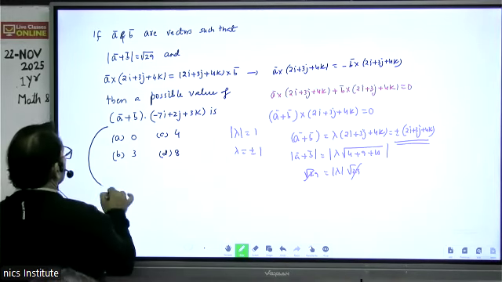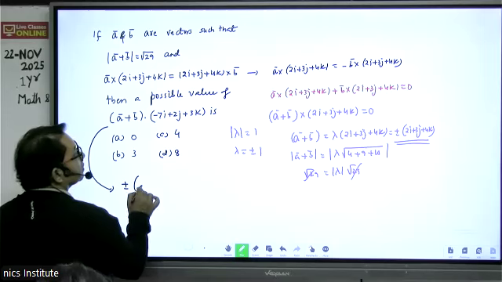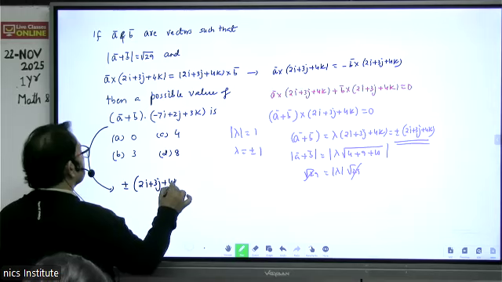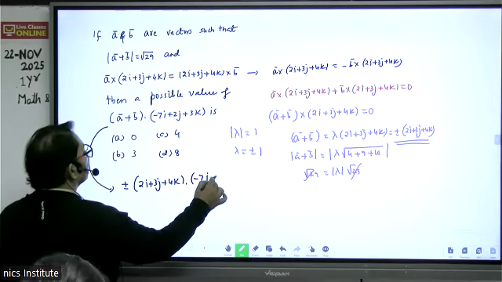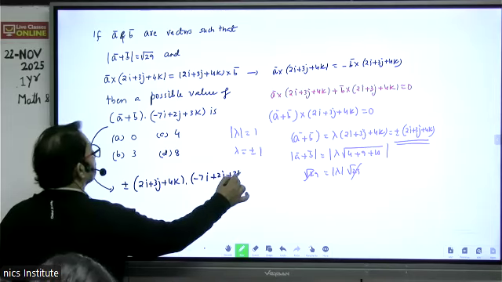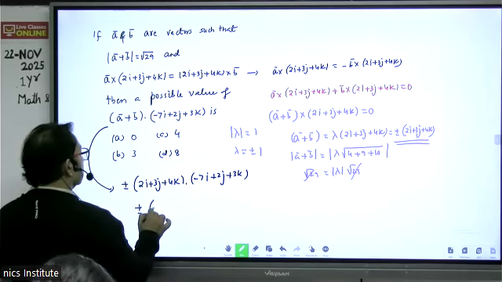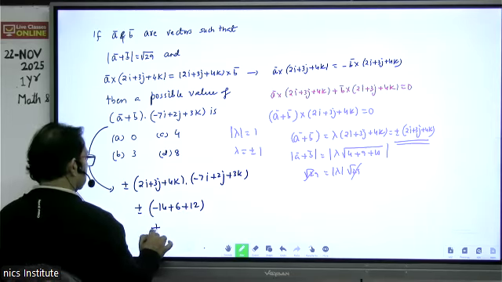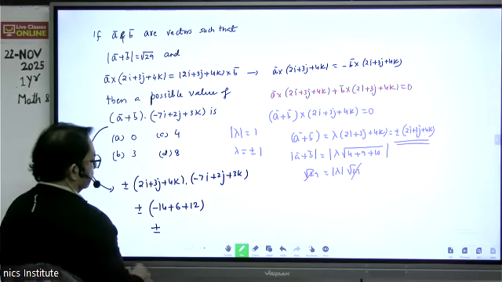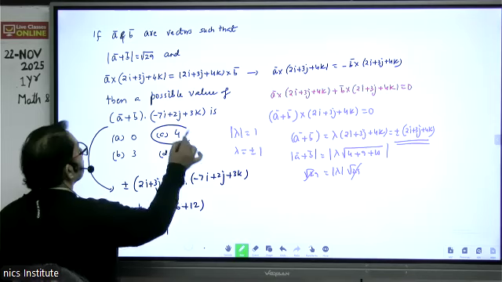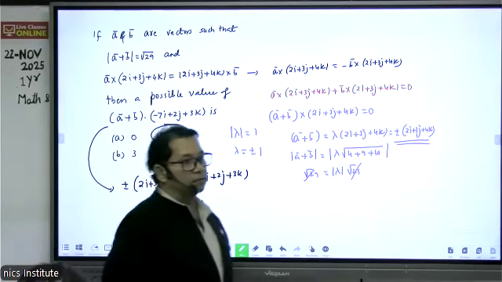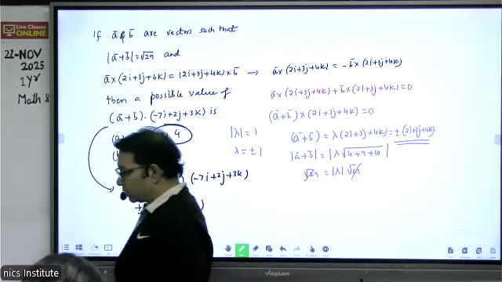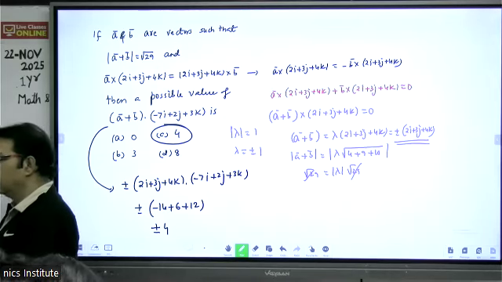So this is 2i plus 3j plus 4k dot minus 7i plus 2j plus 3k, plus minus 4. 4 is the answer. So simple concept of cross product and then dot product also.